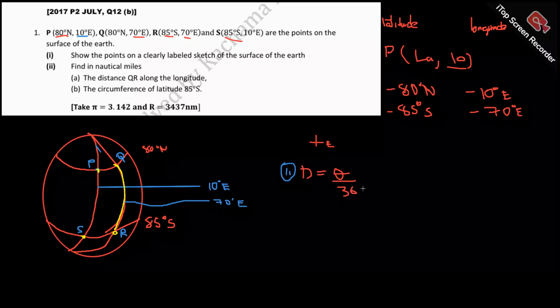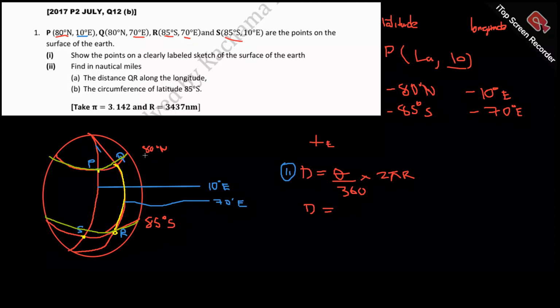Theta is the difference between point Q and R. So since it is in longitudes, we're going to use the latitudes passing through point Q and passing through point R. So it's this one and this one.